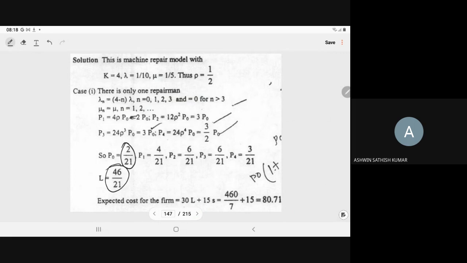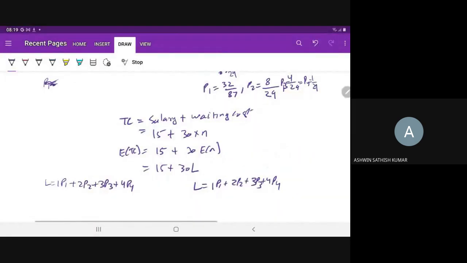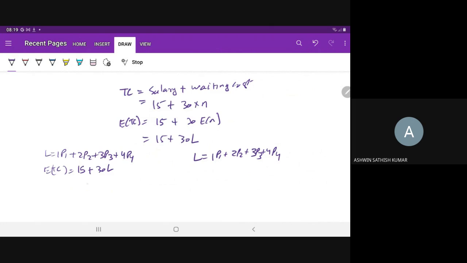So the cost will be 15L plus 15S, so it is coming to 80.71. So for this model, the expected total cost will come as 15 for the one salary plus 30 into L, so it is 15 plus 30 into 46 upon 21.